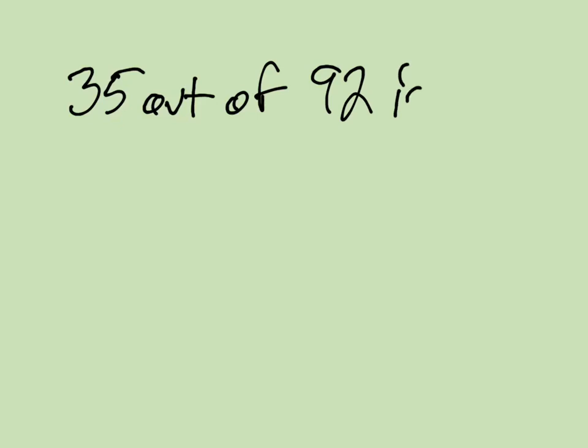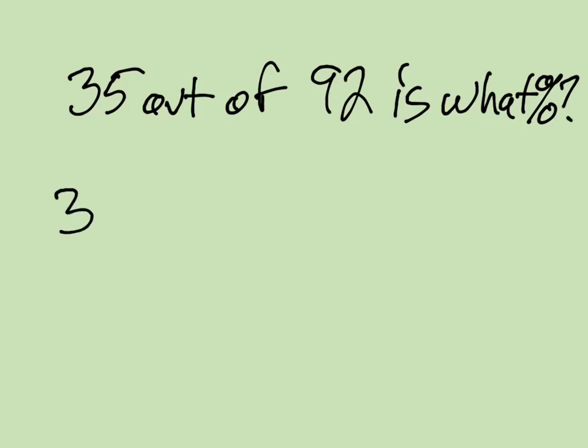Now, sometimes people will use the percent equation when they want to know the percent or the whole part. So you could do, let's say, 35 out of 92 is what percent? But most people would not use it for that.